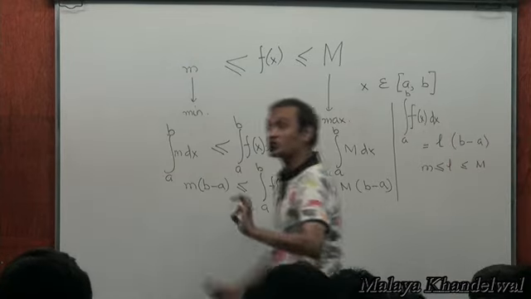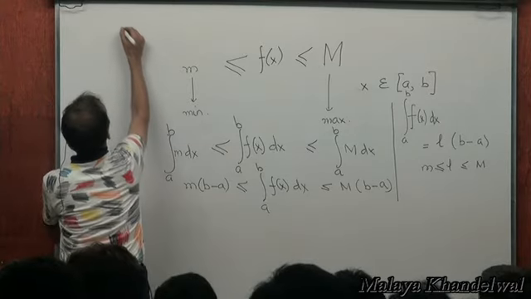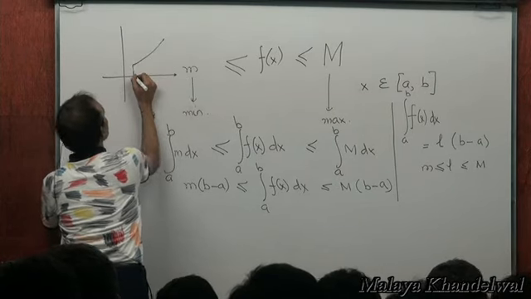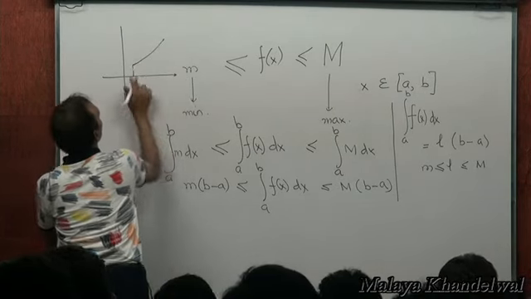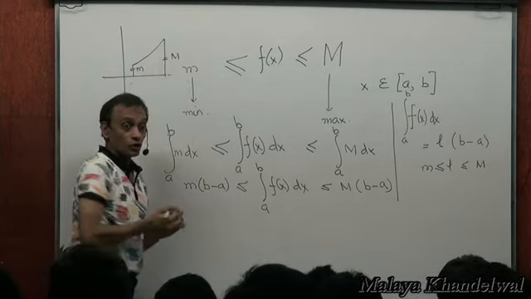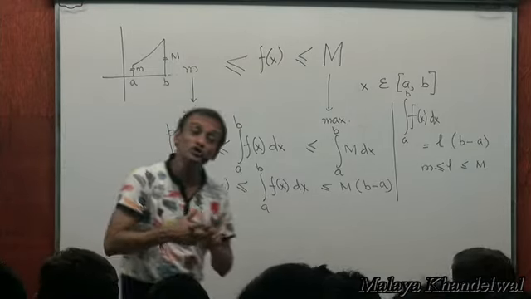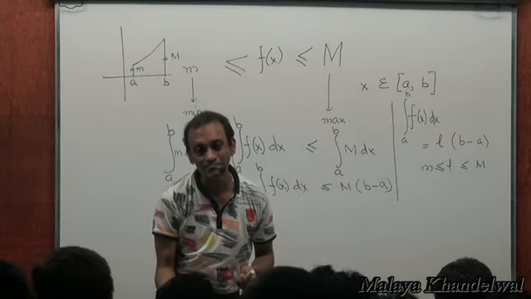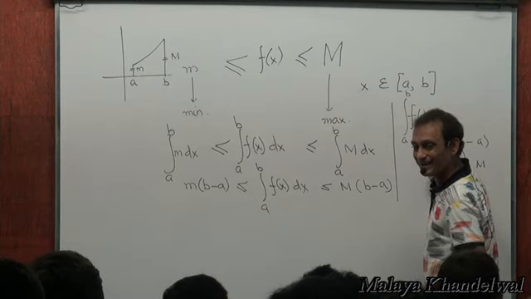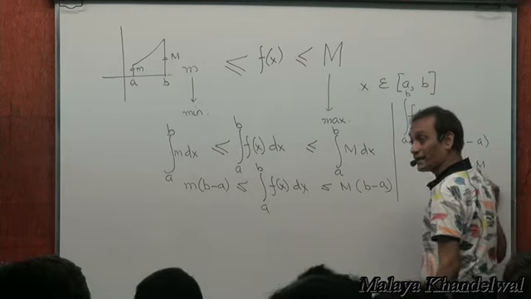Now if f(x) is continuous in the interval a to b, then say small m was the minimum value of the function and capital M was the maximum value of the function, and if the function is continuous in the interval a to b, then it will assume all possible values between small m and capital M. Therefore, will it also assume a value L? It will also assume a value L, because L lies between small m and capital M.